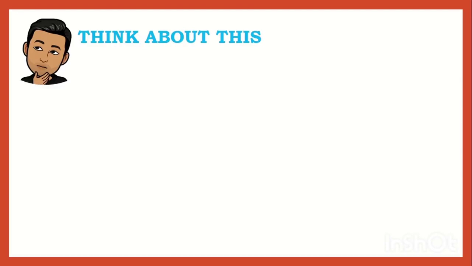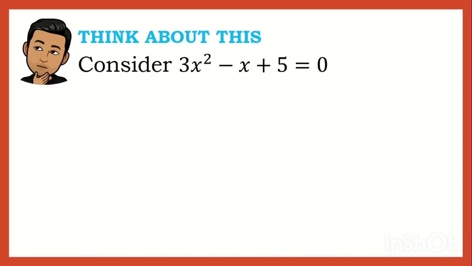Okay, subukan nating sagutan ito. Let's think about this. Consider 3x squared minus x plus 5 is equal to 0. What is A in the equation? So, since naka-arrange na siya into standard form, madali na nating makikita ang value ng A. And that is 3.